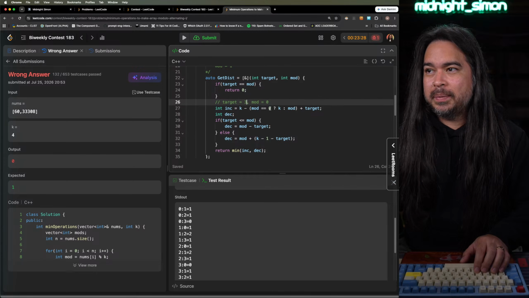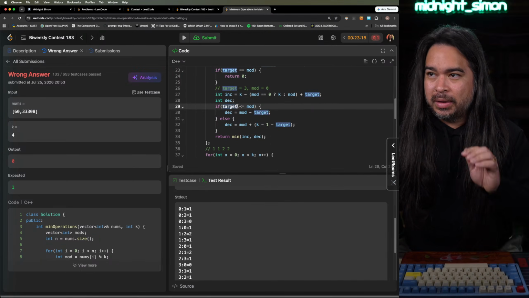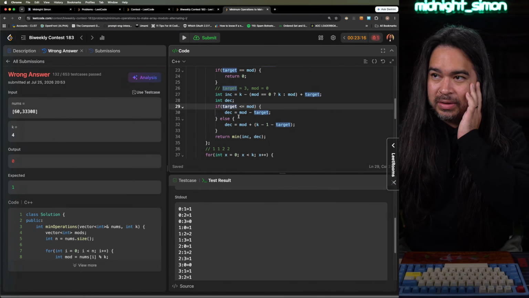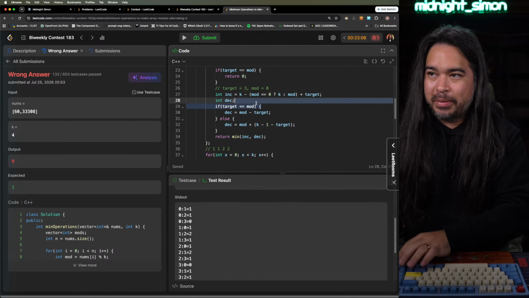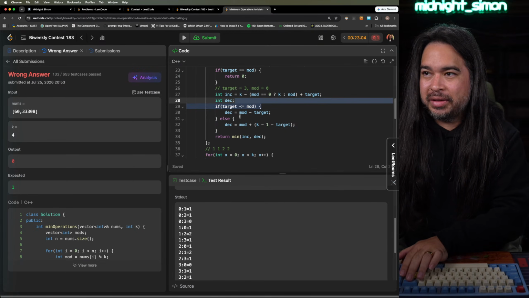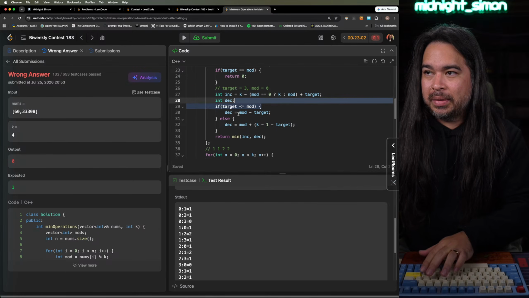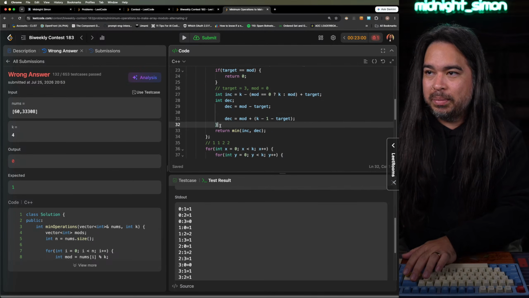I see. So this is increasing. It's gonna be 3. Yeah, that looks good. And then decreasing now. So our target is greater than our mod. Oh, maybe this should not be like that, man. Maybe this is a problem in itself. Maybe I should actually do both.